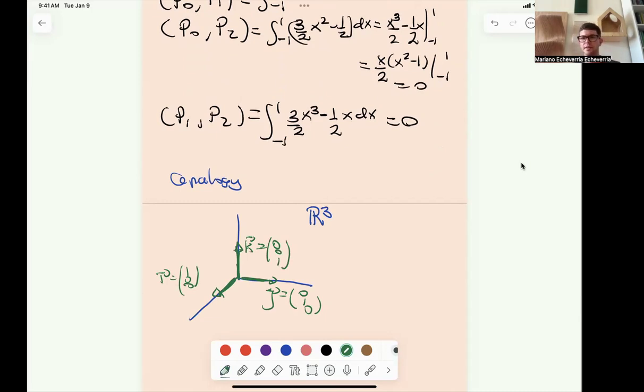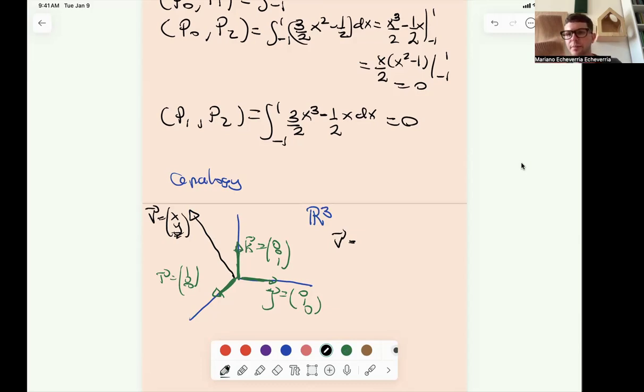The idea, if you remember the terminology, is that these form a basis, in the sense that any other vector in 3 dimensions is just a linear combination of I, J, and K, right?